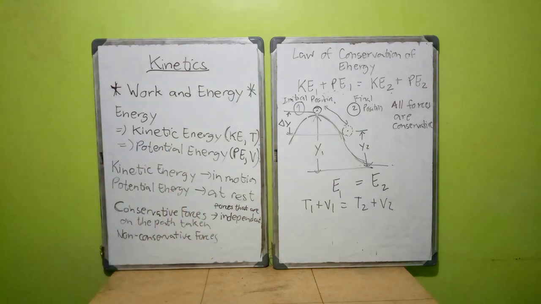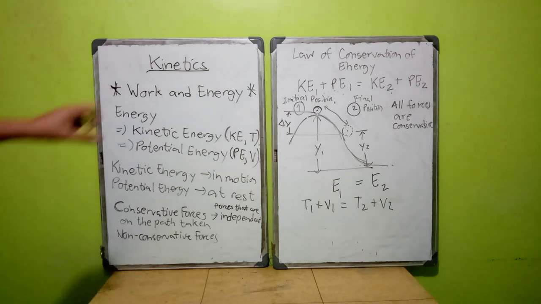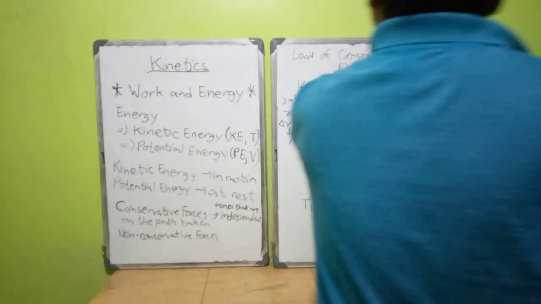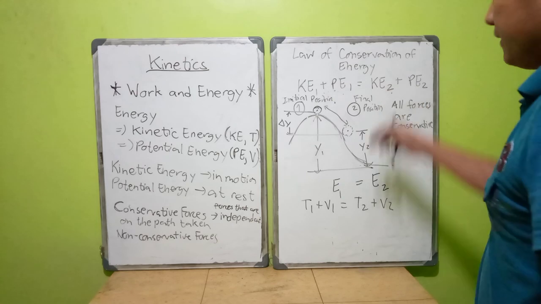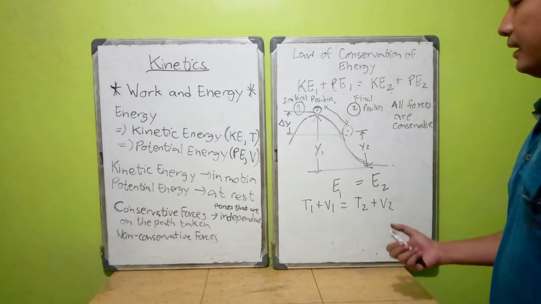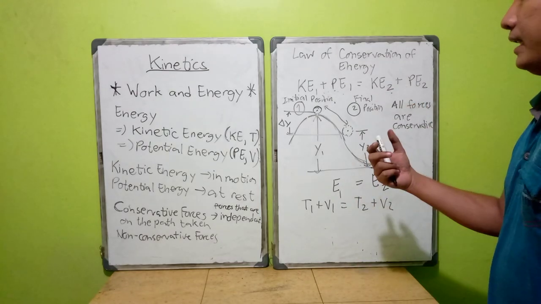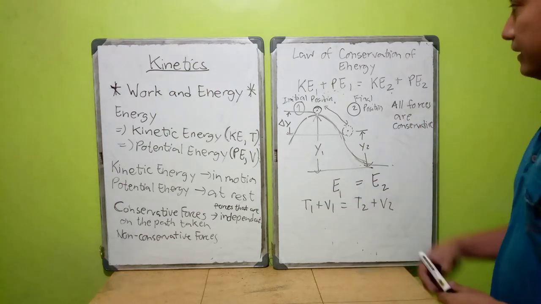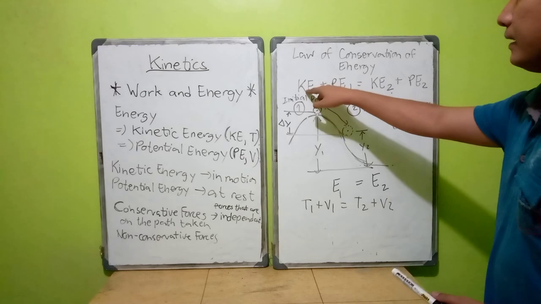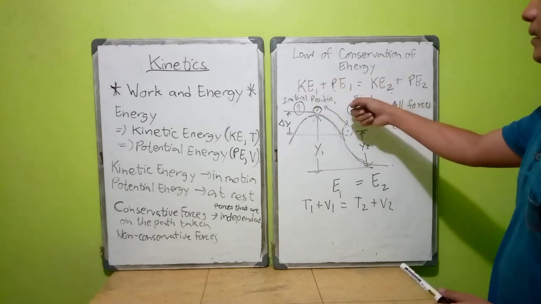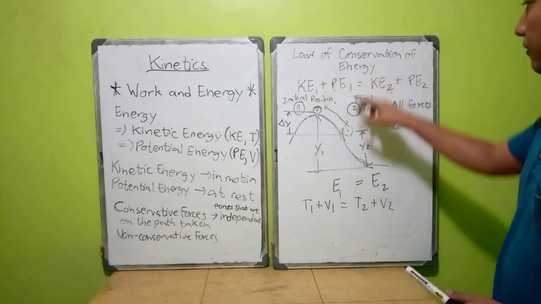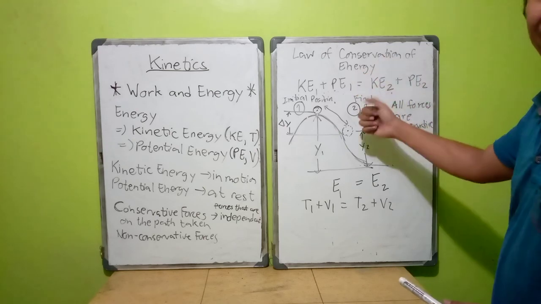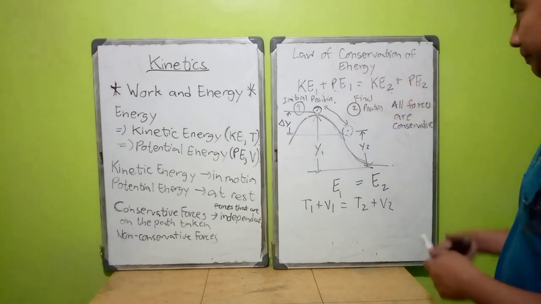Non-conservative forces include the work done by the non-conservative forces. So if there are non-conservative forces, it is not only KE sub 1 plus PE sub 1. We include the work from 1 to 2.